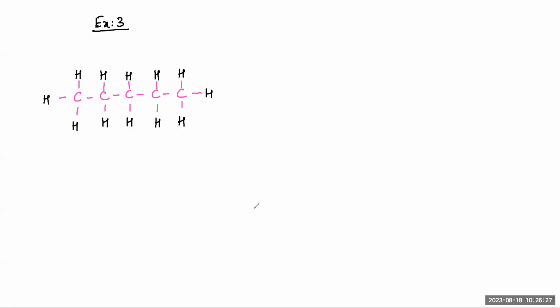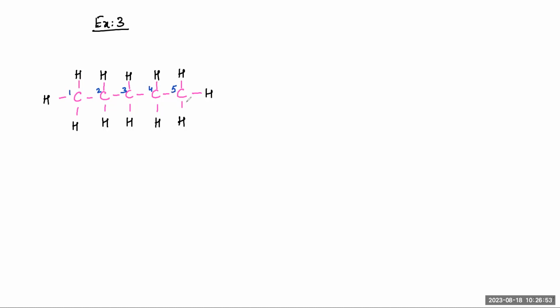Let us now watch the third example very closely. As you can see, in this organic structure, there are 5 carbon atoms. So let's start numbering it from the left side first. So it would be 1, 2, 3, 4, and 5.